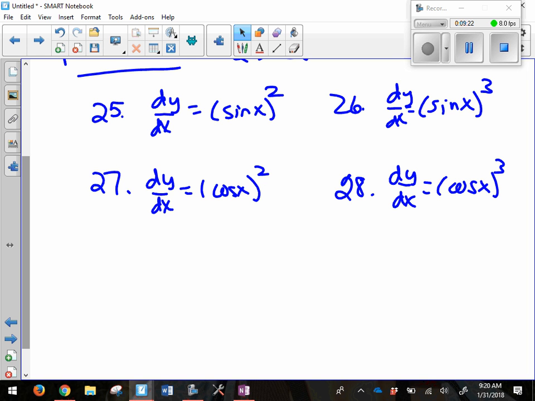So we want to take those functions and somehow match them to graphs A, B, C, and D, which are on the next page. And so you know that my job is to help you learn how to solve problems.